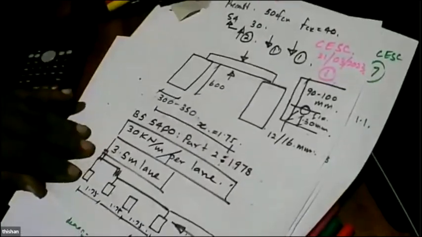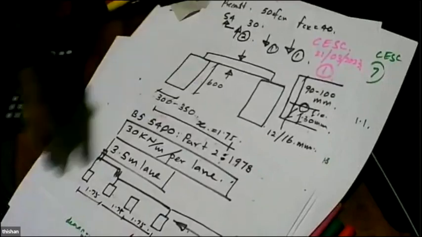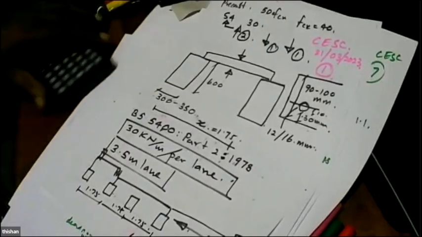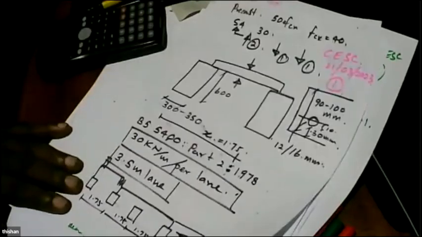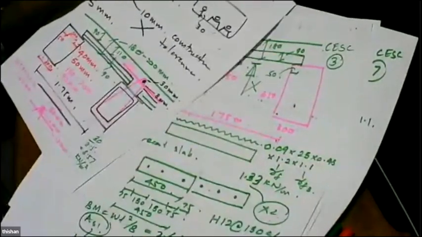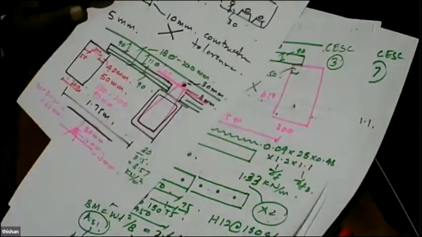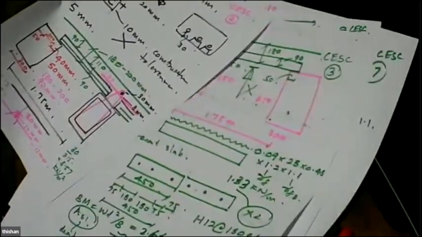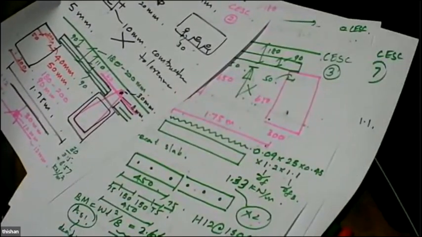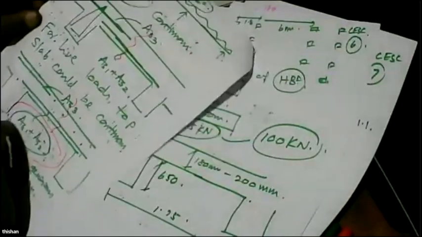So basically, we looked at the basic numbers for the spacing. Then we looked at the cover requirement. And then we looked at the thickness of the top flange. And after that, we looked at how we are going to arrange the reinforcement in each beam.